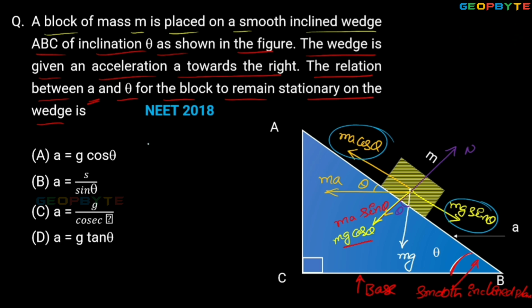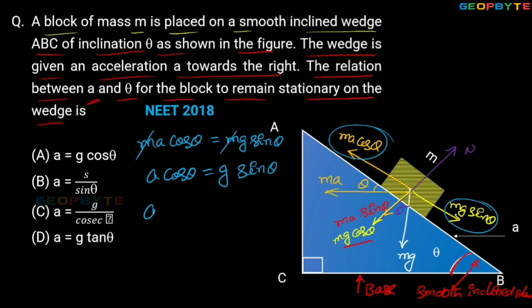Therefore, I can write that ma cos theta must be equal to mg sin theta. M is cancelled: a cos theta equals g sin theta. From this, acceleration equals g times sin theta divided by cos theta.